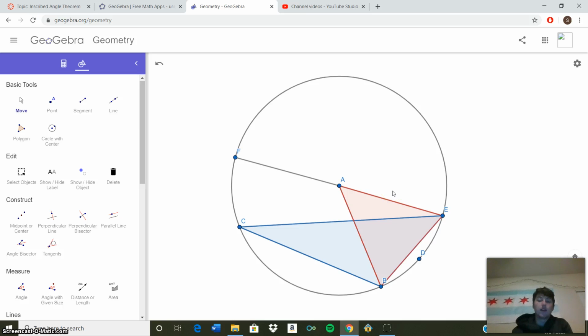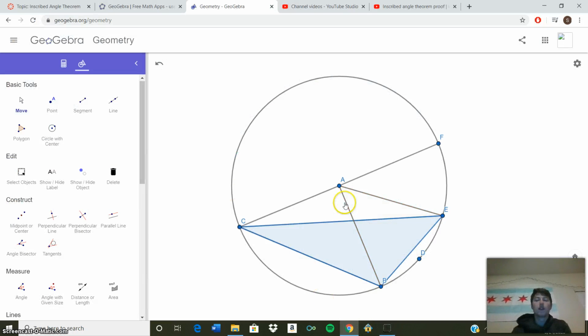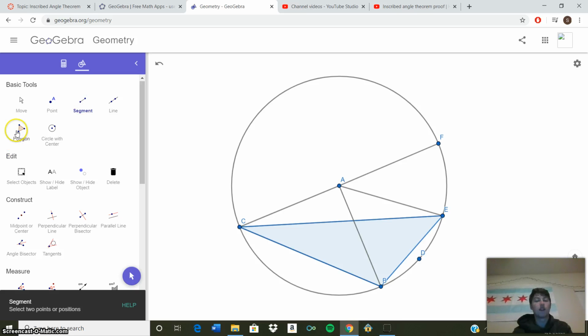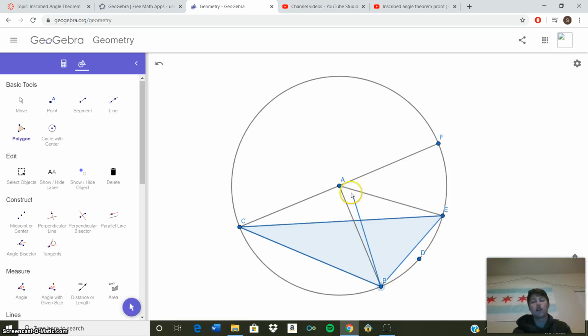So again, here we have our third case where we now have drawn the diameter for CAF, and our CEB and AEB are the two triangles we're working with.